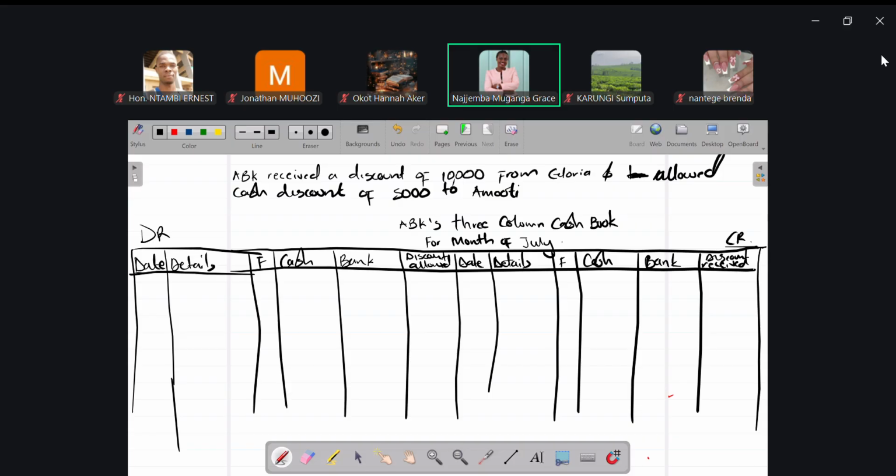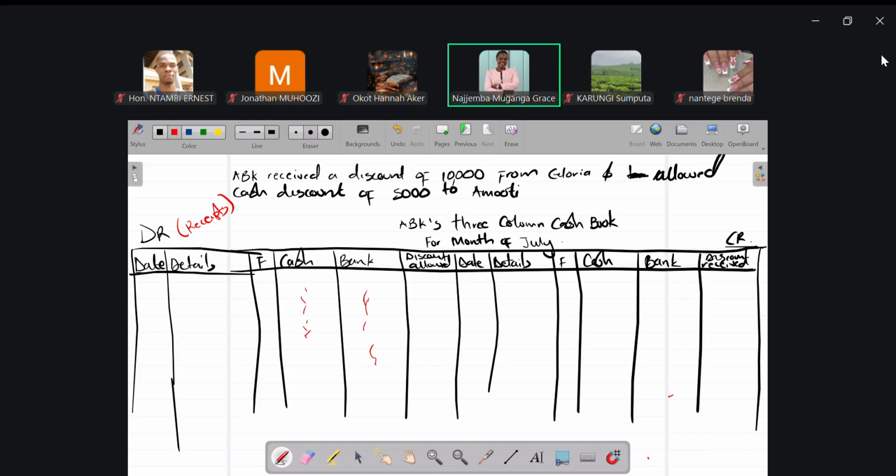Before we post any transactions in the cash book, we remind ourselves of the rules: on the debit side, we shall record all receipts, transactions that involve the business receiving money. Are we receiving physical cash? We post under the cash column. Are we receiving checks? We post under the bank column.